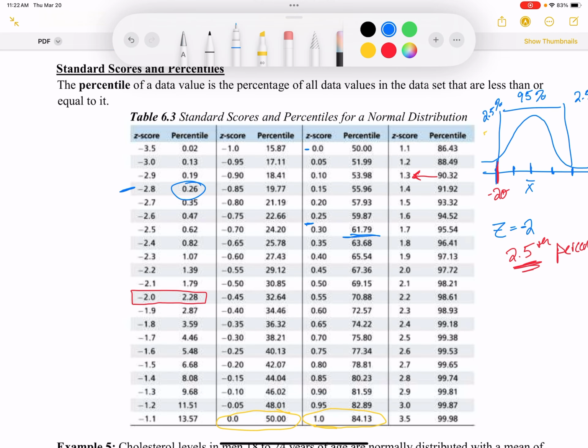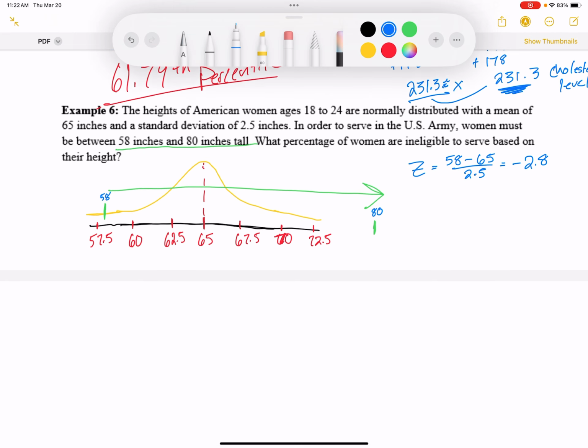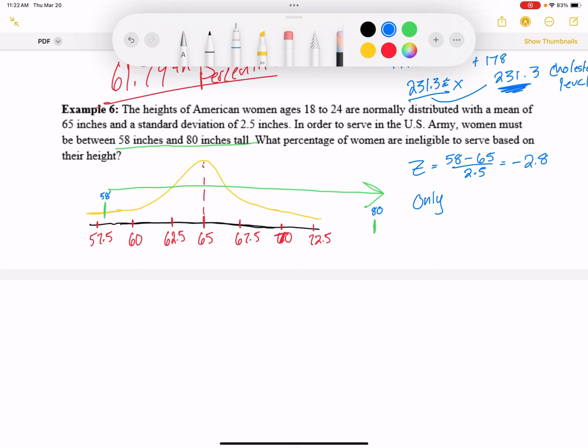Only 0.26% of people. So only 0.26% of not just people, but women are ineligible.